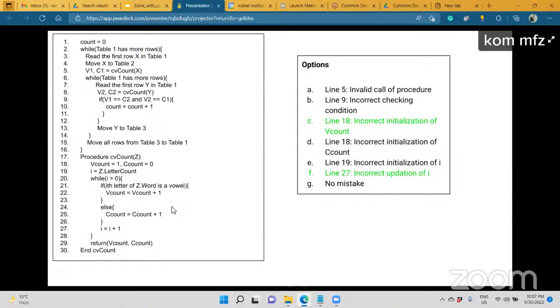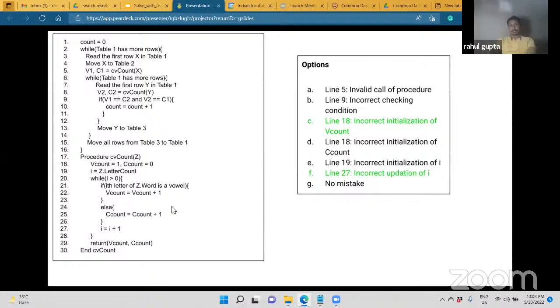Even if we don't initialize these V1, C1 and V2, C2, they will take the value directly from the procedure. So we don't need to reinitialize or initialize these variables. Right. Yes, that's what I wanted to confirm.